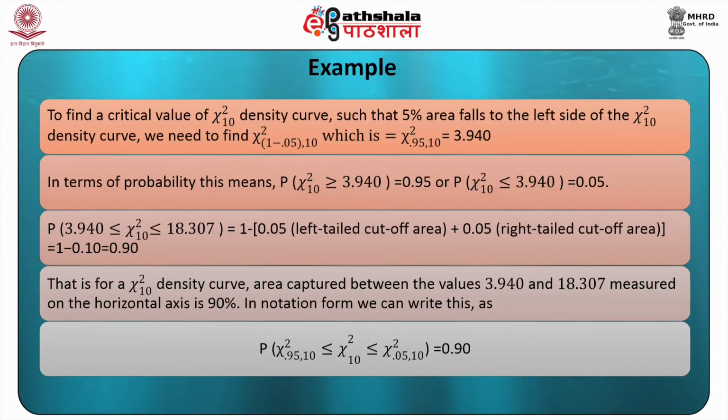That means that for a chi-square 10 density curve, area captured between the values 3.940 and 18.307 measured on the horizontal axis is 90%. In notation form, we can write this as probability chi-square 0.95, 10 less than chi-square 10 is less than or equal to chi-square 0.05 comma 10 is equal to 0.90.